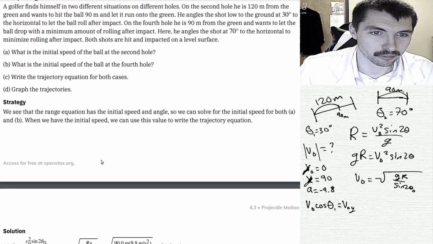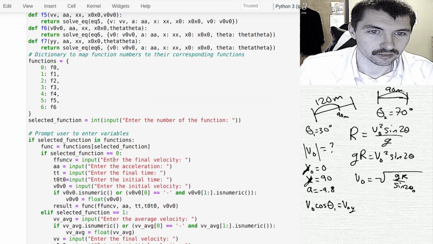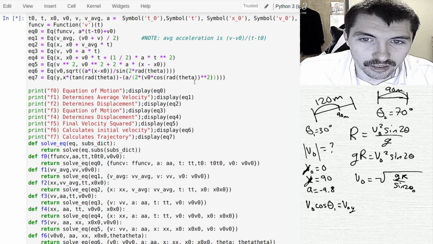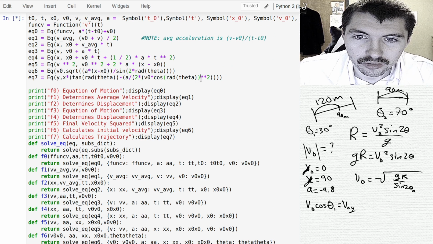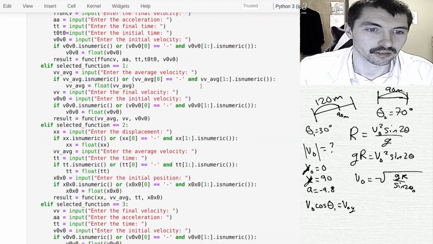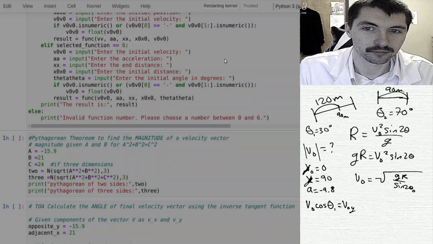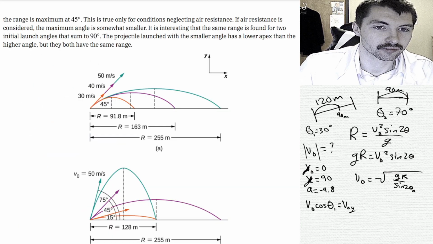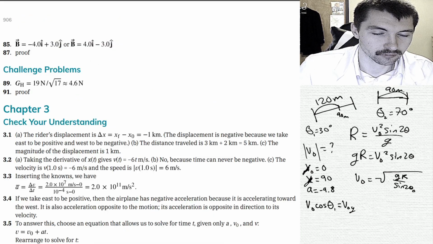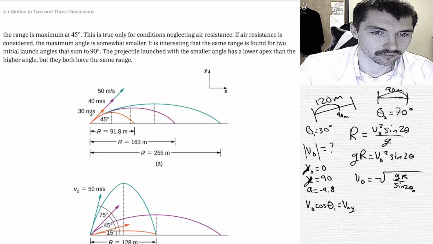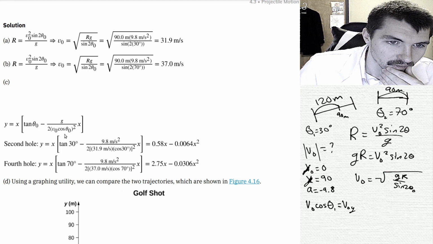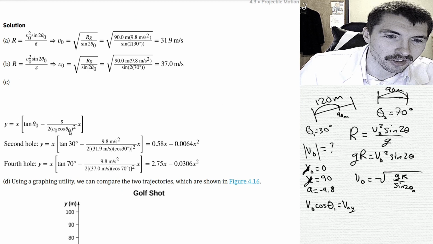Okay, so we're messing up the parentheses. 2 times this. Okay. So I think that's fine.